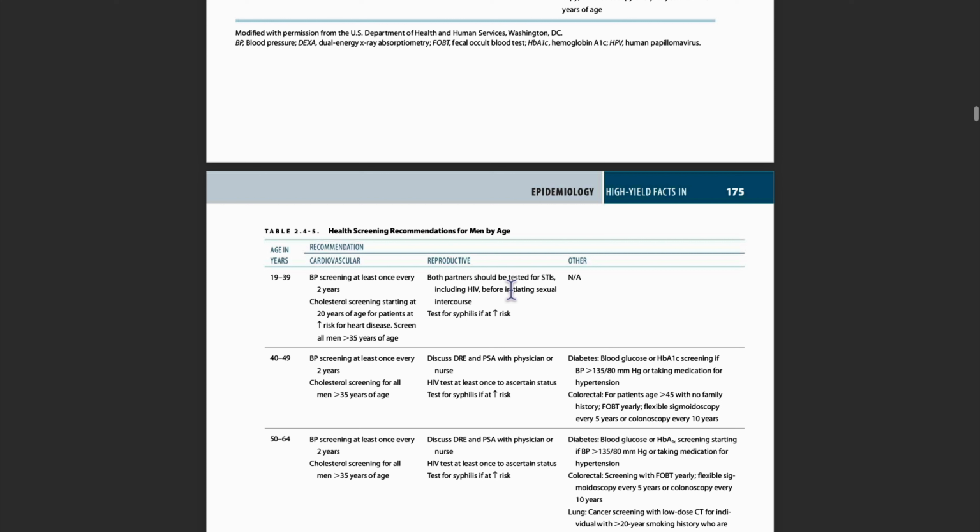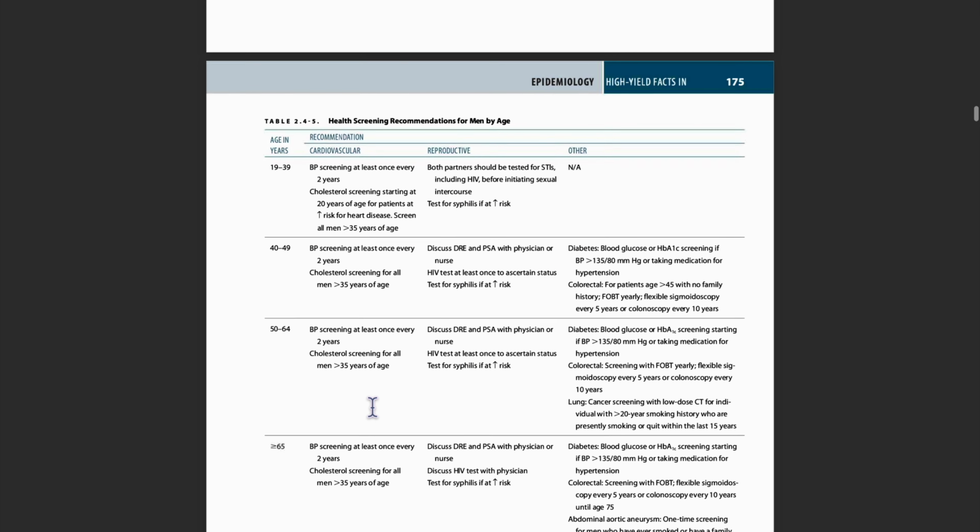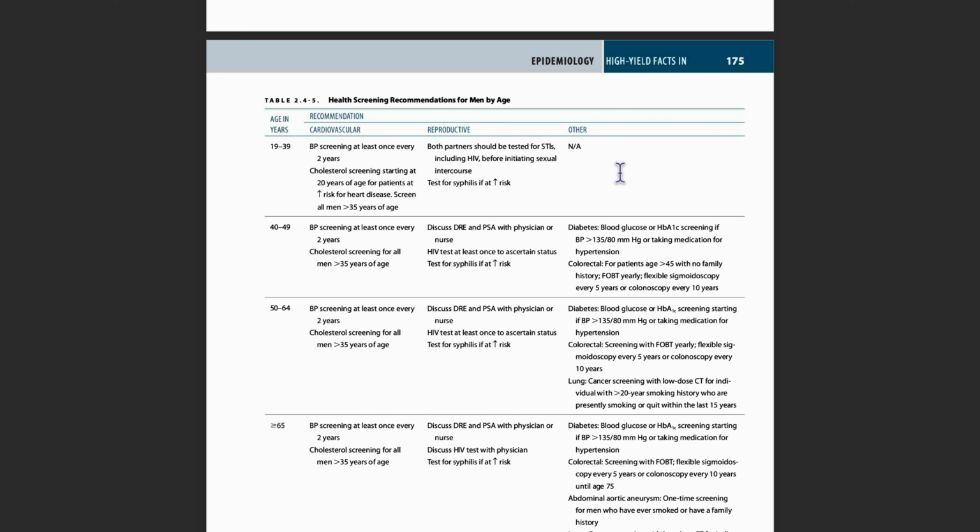Reproductive: both partners should be tested for STIs, including HIV, before initiating sexual intercourse. Test for syphilis if at increased risk, nothing else. For up to 39, so just blood pressure and cholesterol and HIV and STIs, syphilis.